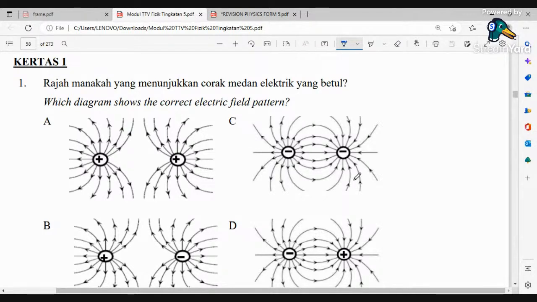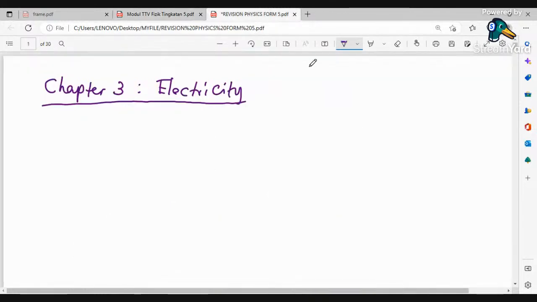This one shows electric field. This one you study in topic 3.1, electric field.